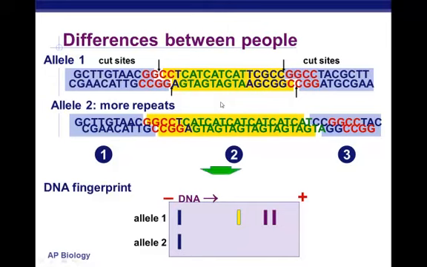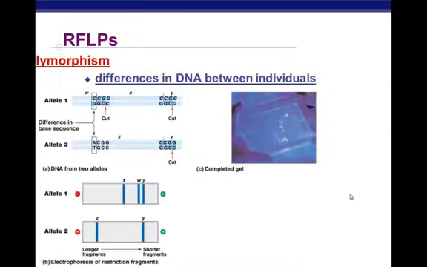And so when I run this on the gel, I'm going to see a little bigger piece here, which is not going to move quite as far as this piece. And you're going to see these 2 pieces stay the same, and you're going to see a different banding pattern based on those differences in what we call the junk DNA.